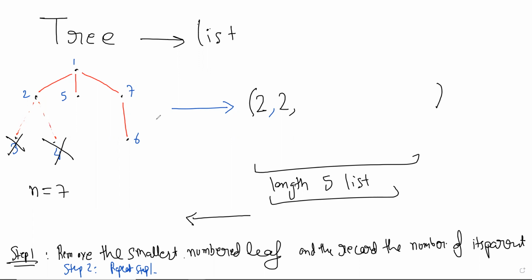That's right. Now that vertex is the smallest numbered leaf. Now no more is 5 the smallest numbered leaf. That's important, right? So 2 is the smallest numbered leaf and its parent is 1. So we will record that and we will remove this.